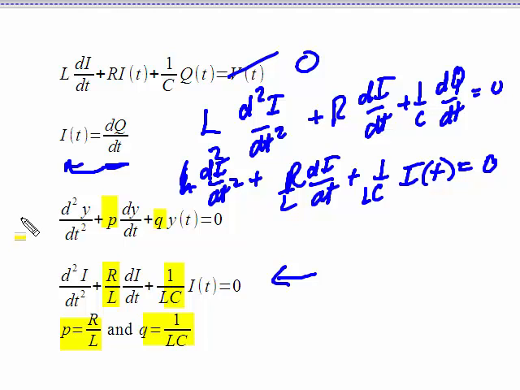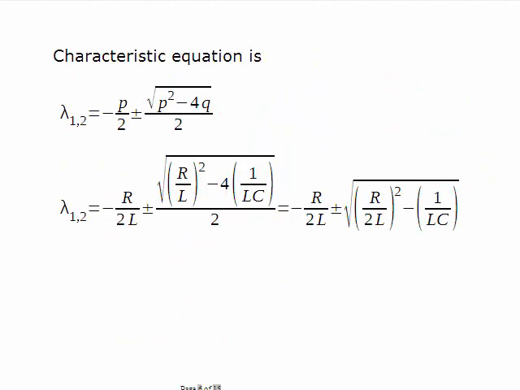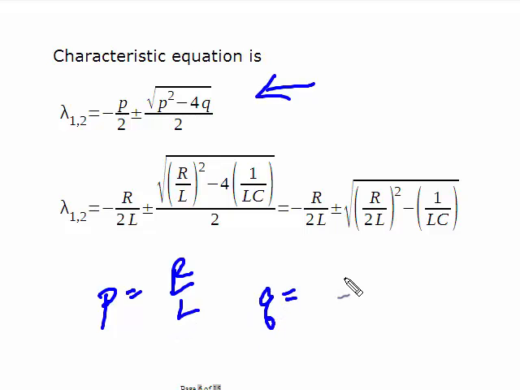We're going to get a characteristic polynomial. You could write it in terms of P and Q, or you could write it in terms of R over L and 1 over LC. Okay, I did that here. Here's the characteristic polynomial that we had from the first lecture on the closed form solution for the differential operator. Then I substituted in here and this term gets rearranged.